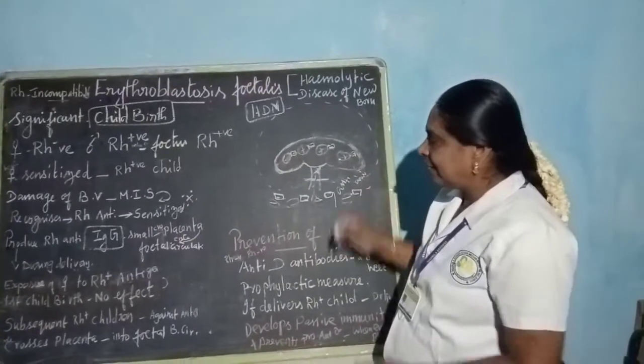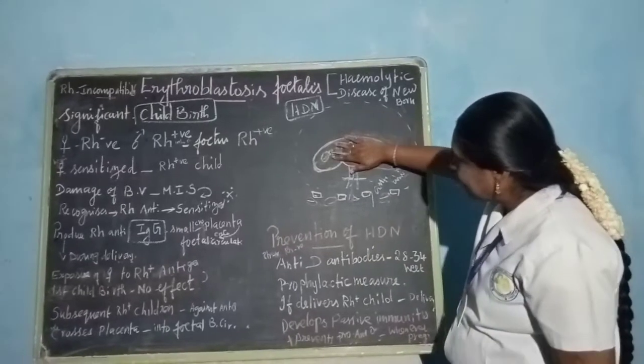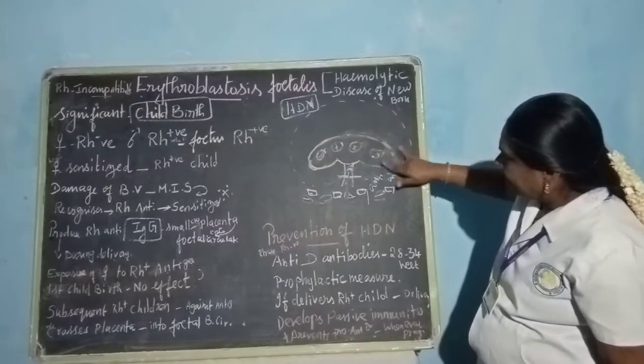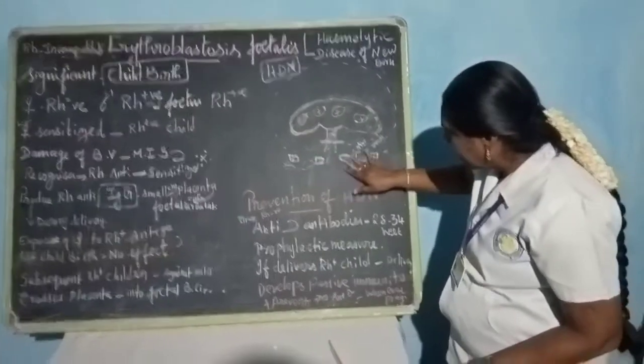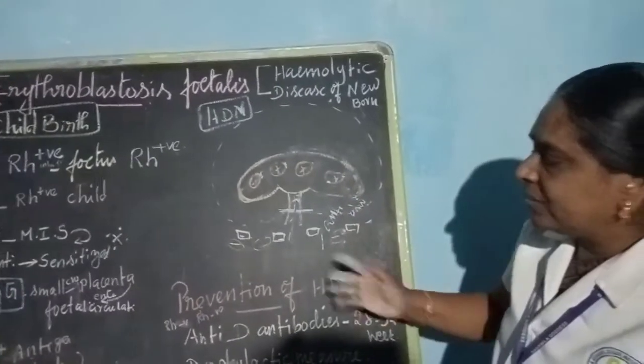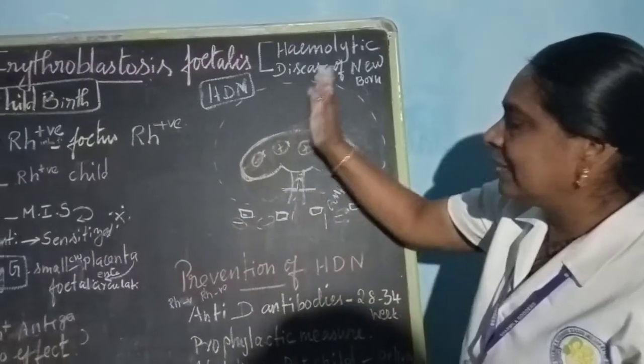Can you understand? Let me say it one more time. In the first birth, the antibodies are produced, but there is no chance of crossing the placenta.